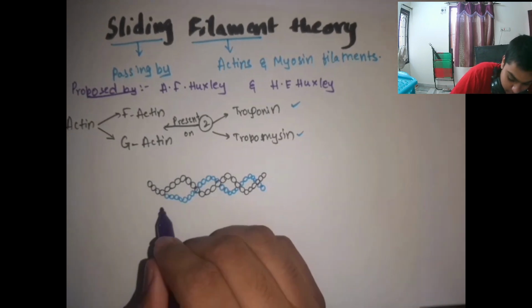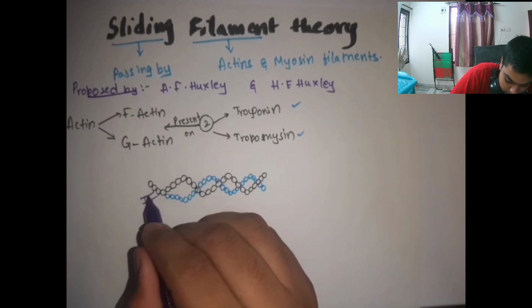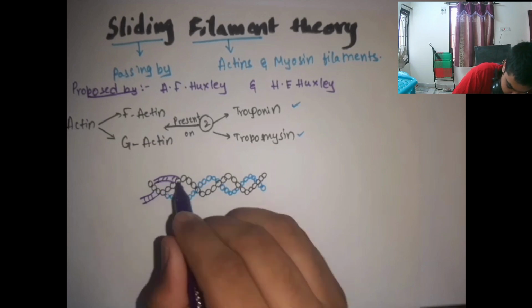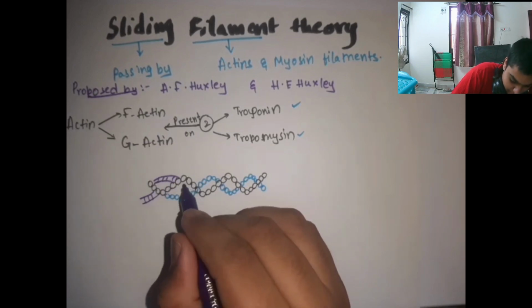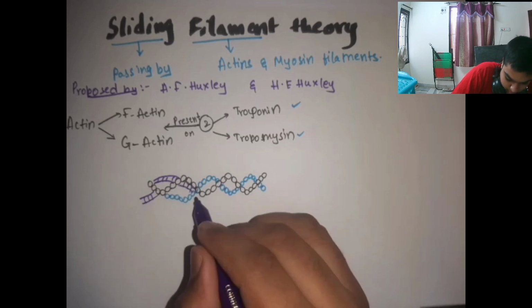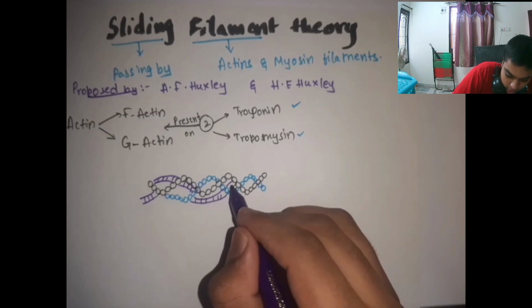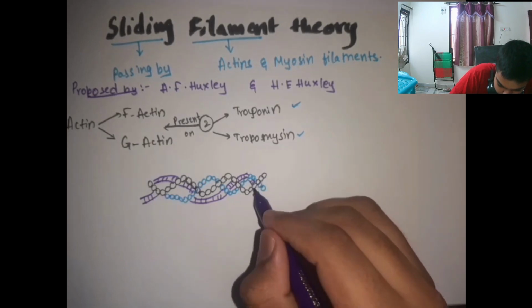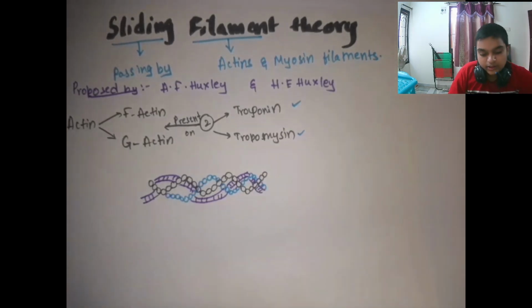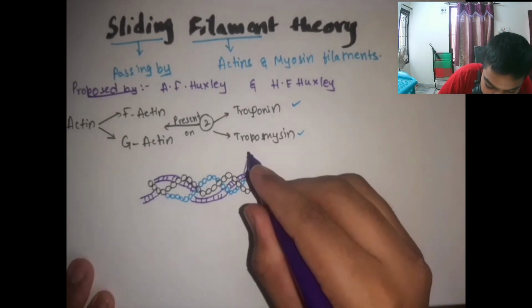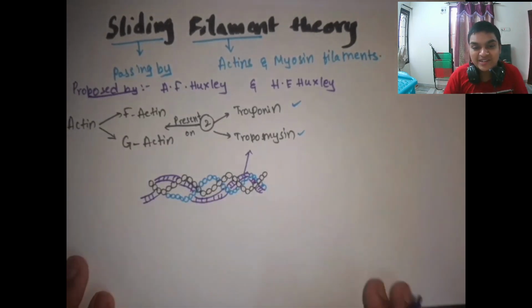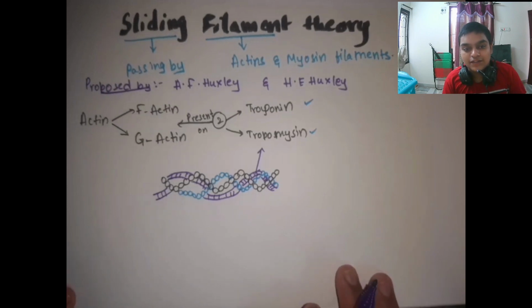This purple strand is tropomyosin, present along the length of actin.